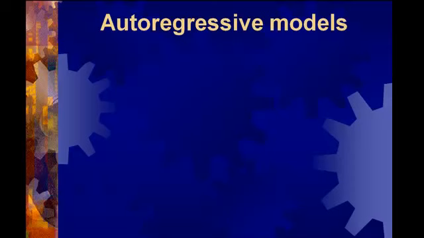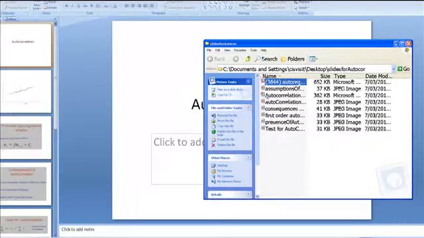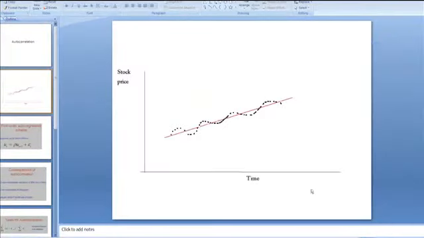Actually, I forgot to mention that we didn't look at this carefully. This was stock price over time, right? The stock price one day is related to the stock price the next day.